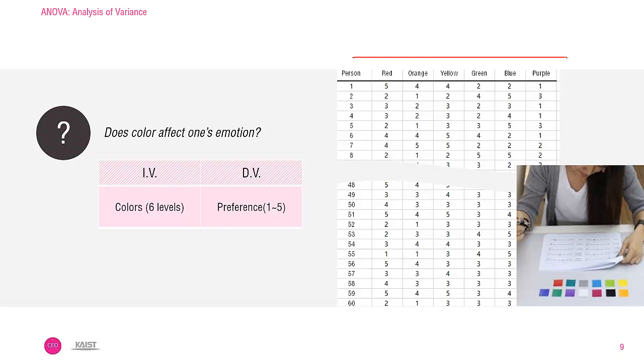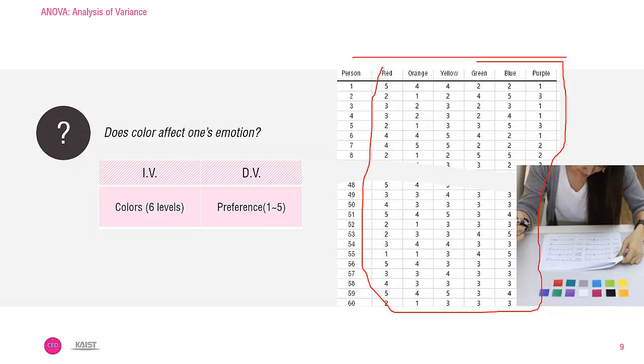Compared with the previous case with wall color, this data sheet is fully filled in. The 60 people were exposed to all stimuli, and they have repeatedly assessed the preference.